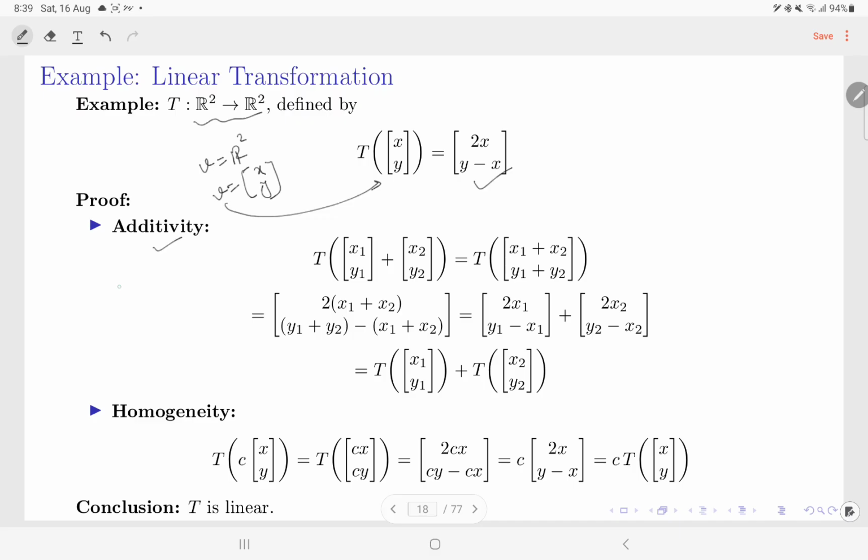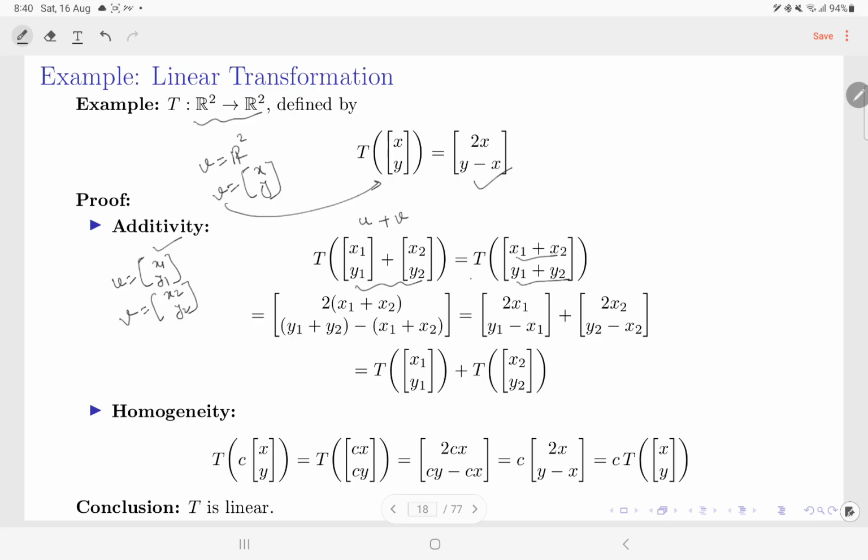For additivity, let's say U is your x1 y1 and V is your x2 y2. So this is your U plus V, and now this can be written as T of the sum of these vectors, x1 plus x2 and y1 plus y2. This is nothing but your LHS.